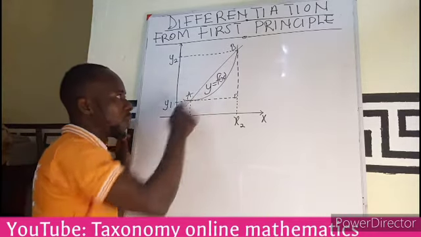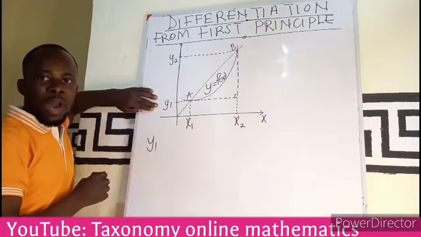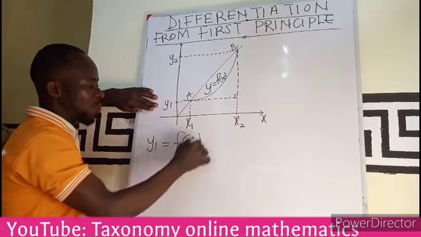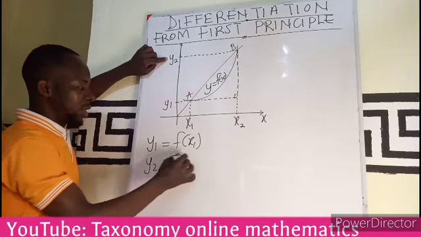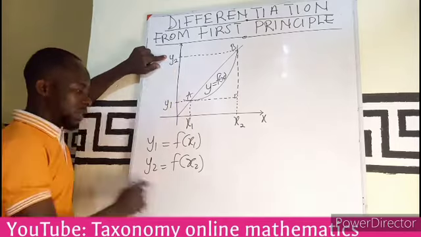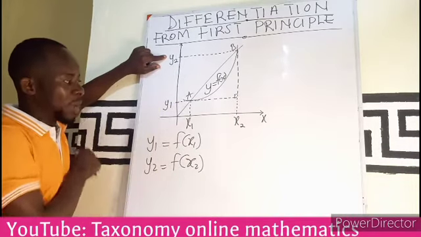So if y equals f of x, then it means that y1 will also become f of x1, then y2 will also become f of x2.